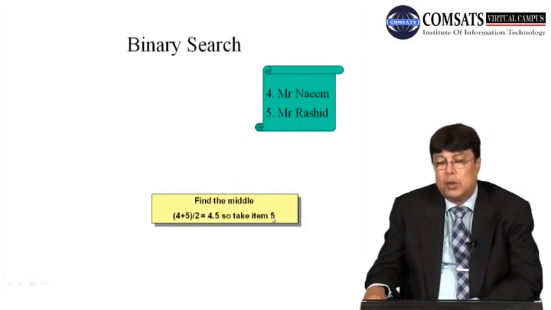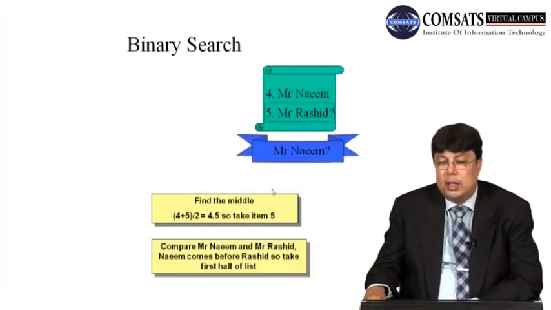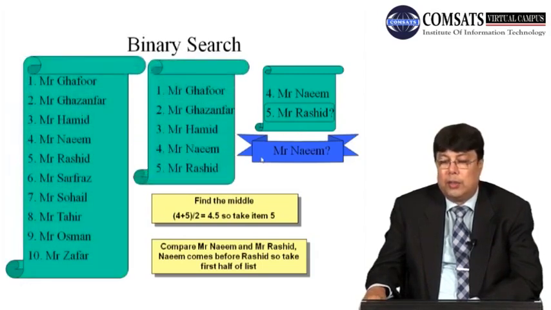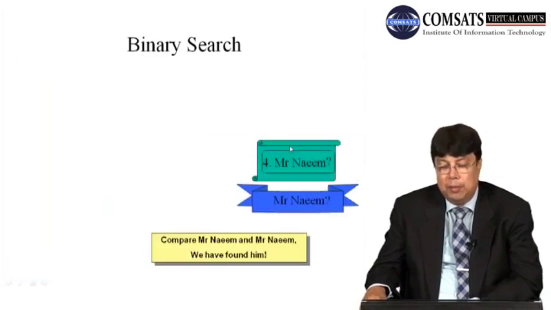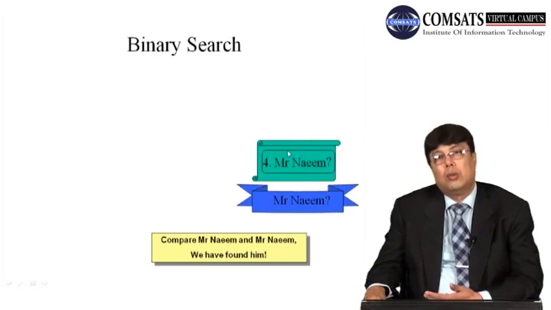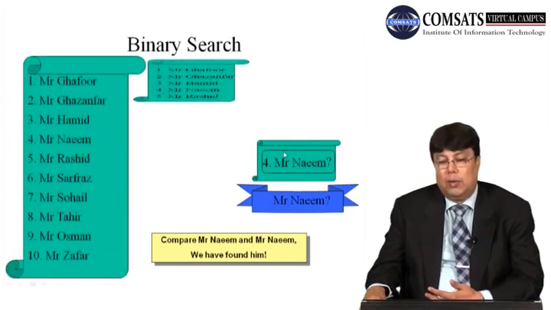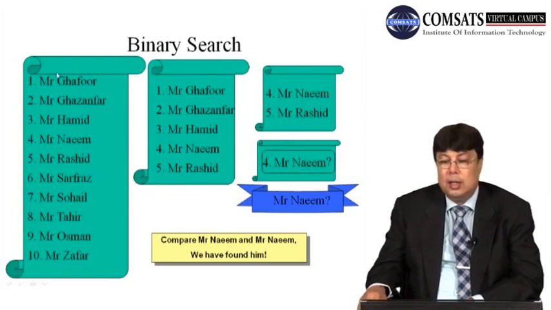It should be 5. So we compare Naeem with Rashid, and since Naeem comes before Rashid, we will discard this lower part. There is no lower part, only Rashid. So now we are left with only one, Naeem. We compare Naeem with Naeem, so found the record. So what happened? 10, 5, 2, 1, found.